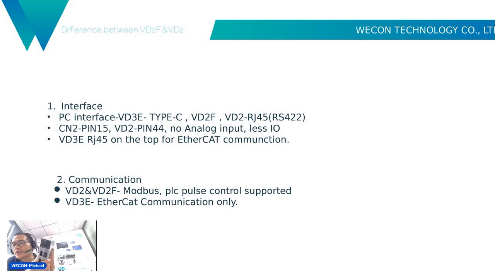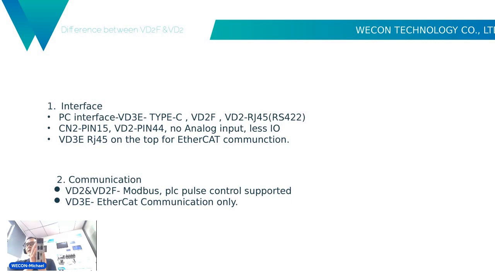VD3E only supports EtherCAT communication, with fewer external inputs and less I/O compared with the VD2. So VD3E only supports EtherCAT communication, it can't support Modbus, and can't support PLC pulse control.